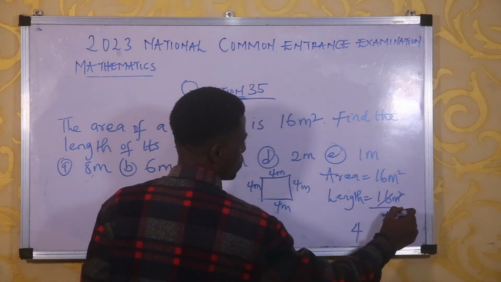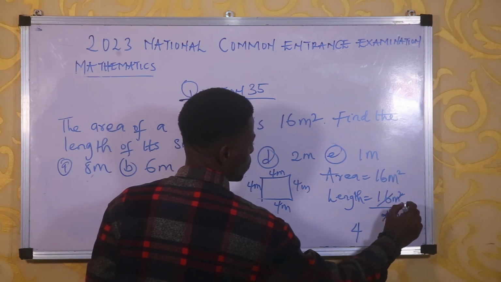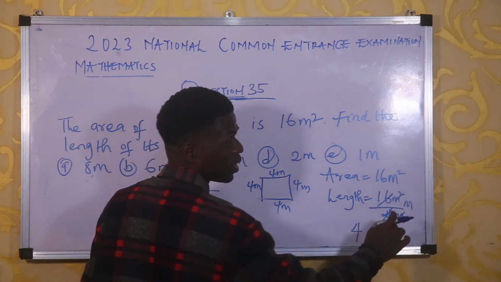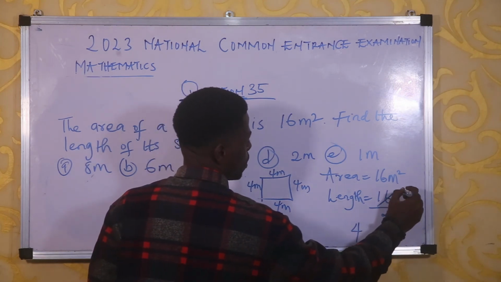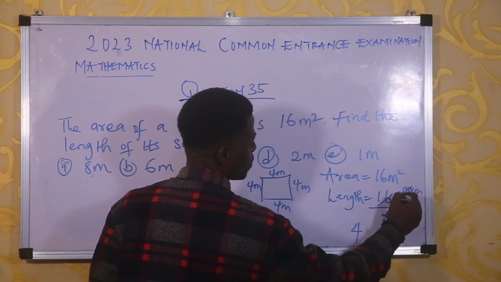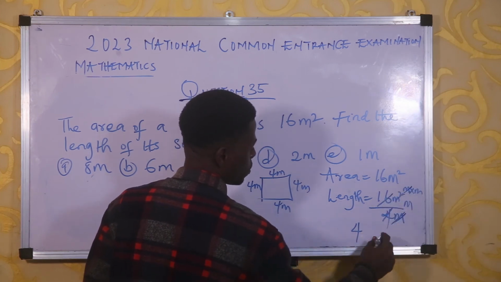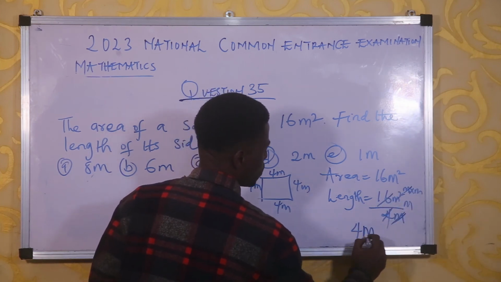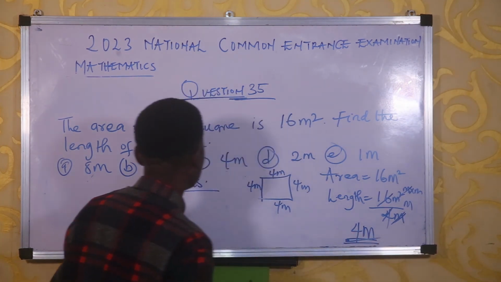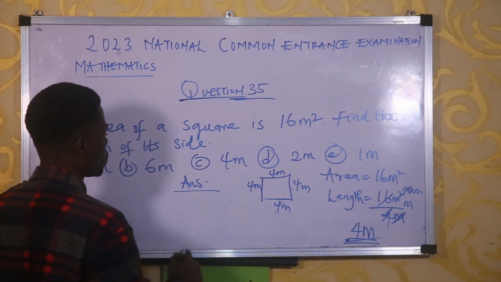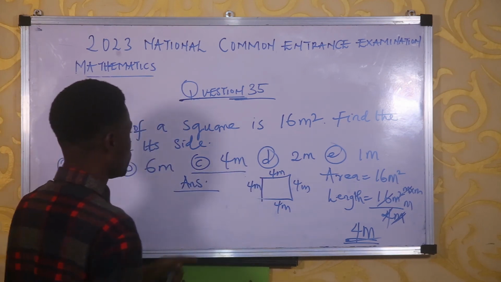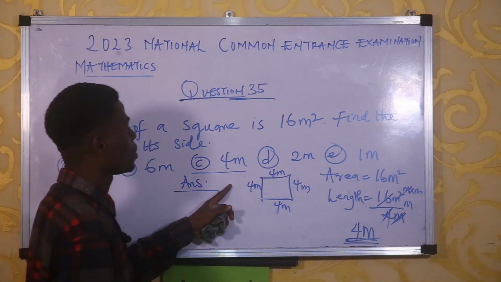This meter cancels this meter, because meters squared means meter times meter. So when we cancel one, it will leave 1 meter. So in this case, our answer is 4 meters. So our answer is option C. The length is 4 meters, which is option C.